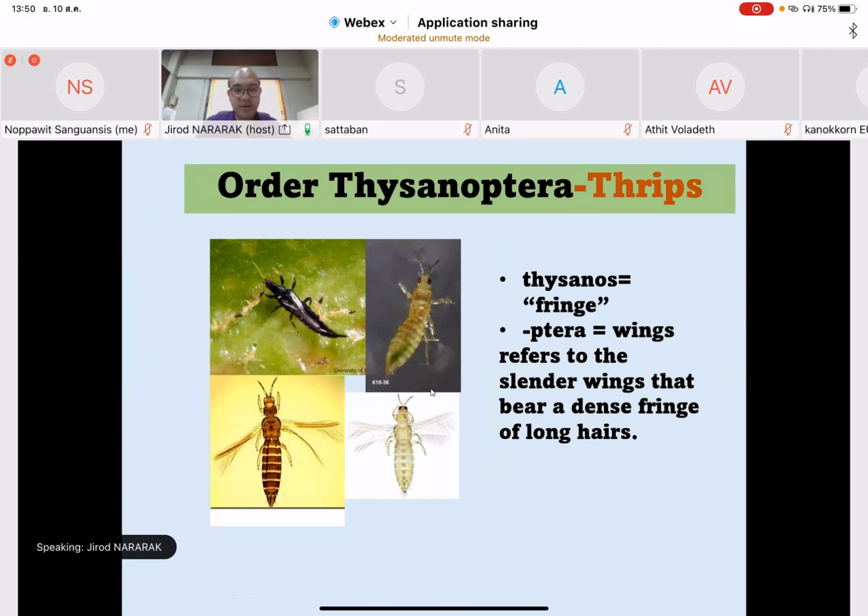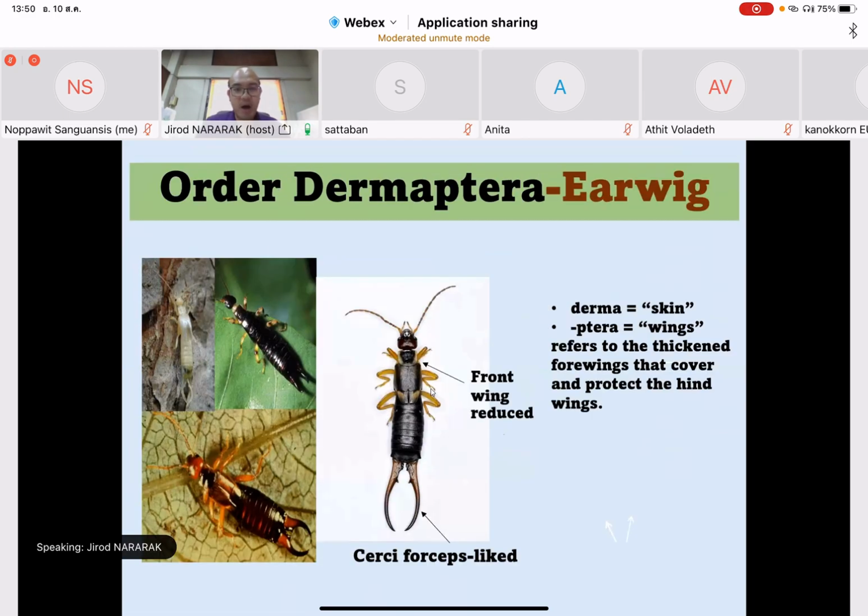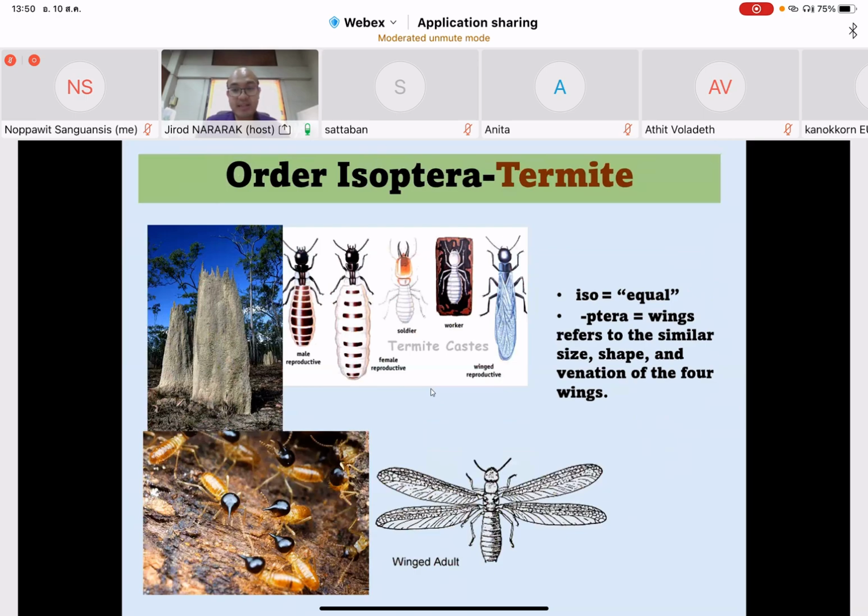Isoptera is termite. If you look at the characteristics, for the termite when it comes to adult, the wing is like, I just told you only the morphology, they have equal wings.